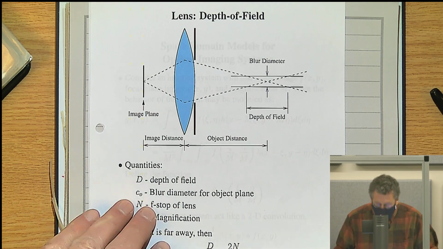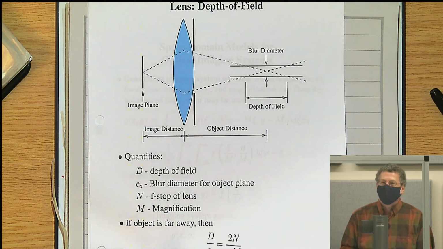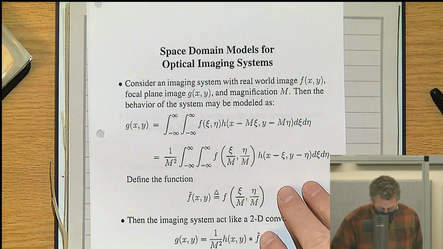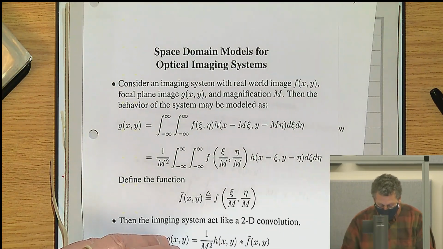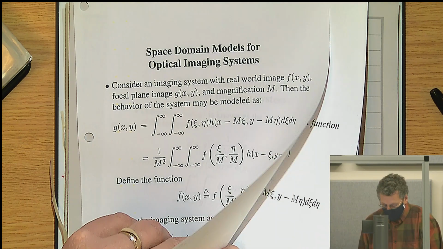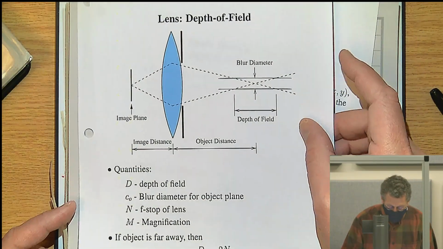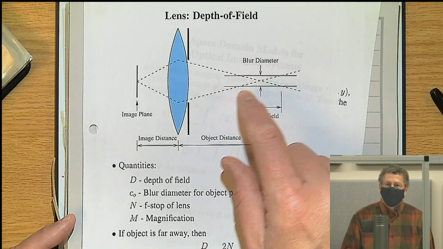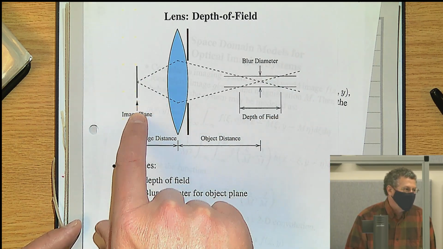I guess we're running out of time. So depth of field, and this is the equation for depth of field. Here's the upshot: you can model a lens as a linear space invariant filter with a point spread function if you are looking at only the energy.